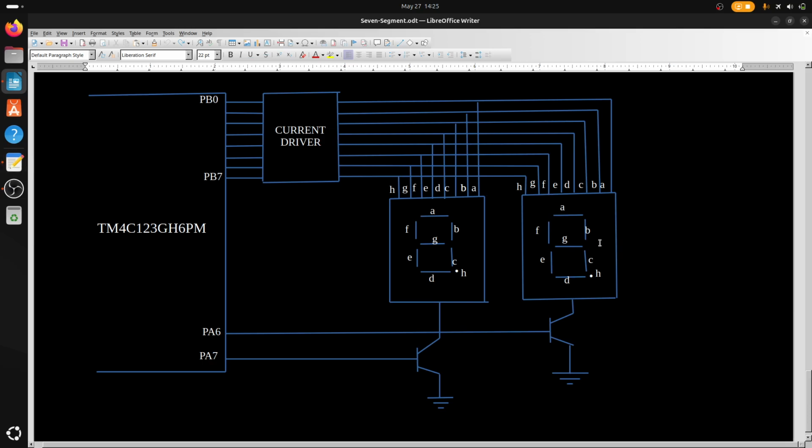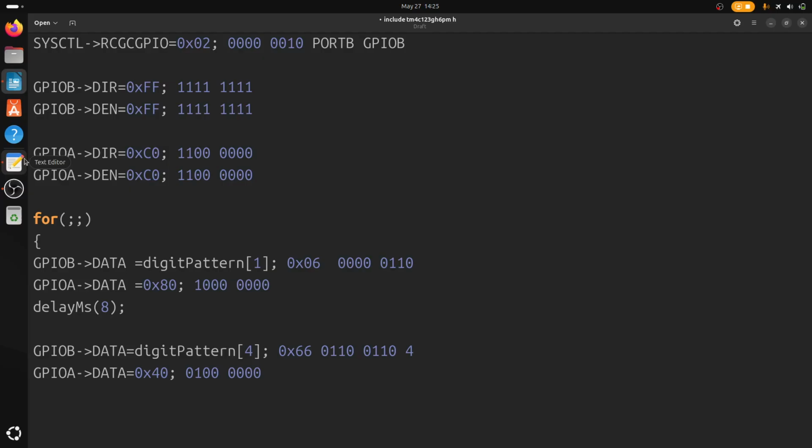So I have done the configuration for this, because I have connected this section to pin PA6 only, and I have given values on port B, choosing only pin number 6 here. So give some delay. What are the things I have done?